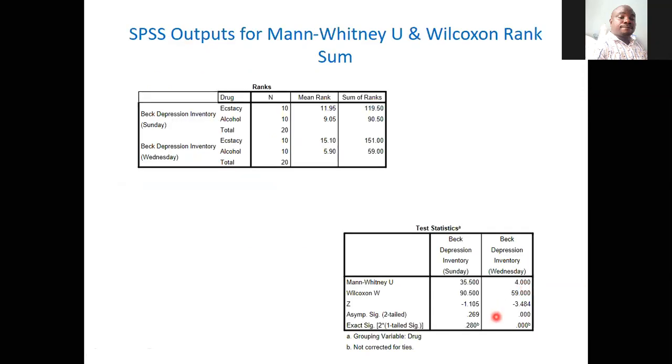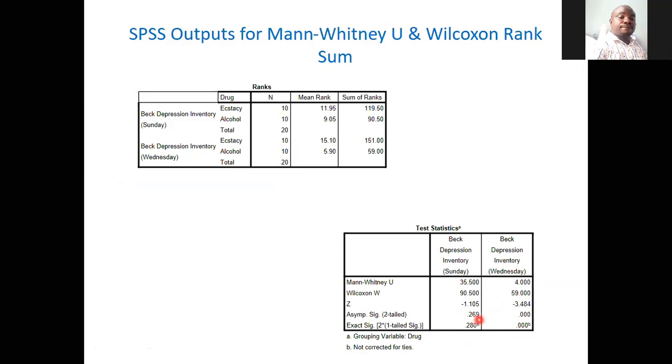And if you look at it, the corresponding p-value for Wednesday is significant, less than 0.001, and for Sunday it is 0.269. So the difference between the two groups is not significant on Sunday, but significant on Wednesday.